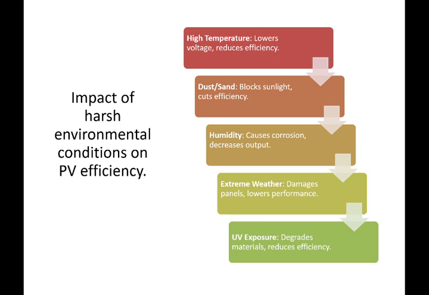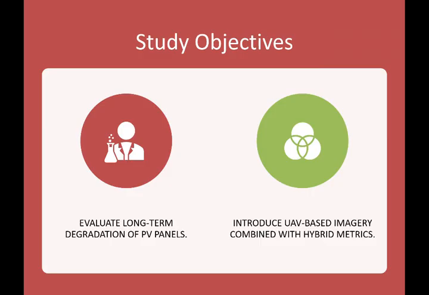After that, extreme weather conditions damage the panel or its performance, maybe due to rain, cloud, or storm. These all combined are called the extreme condition. And UV exposure: the ultraviolet radiation in these areas is very high, and that causes material damage, and the material damage again causes efficiency reduction.